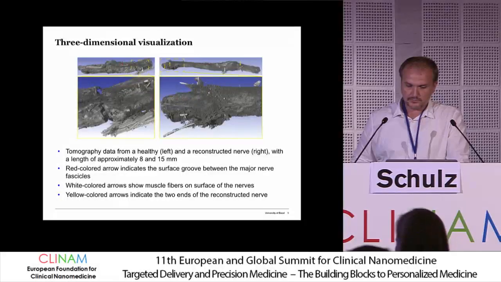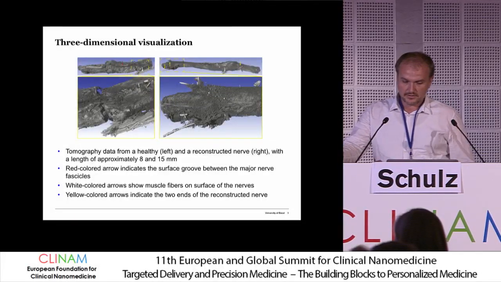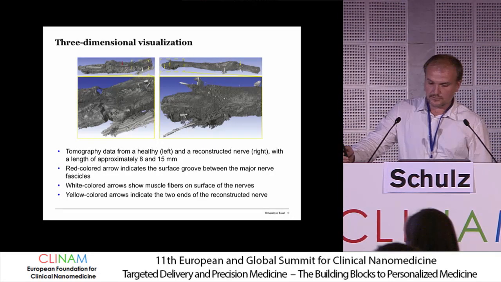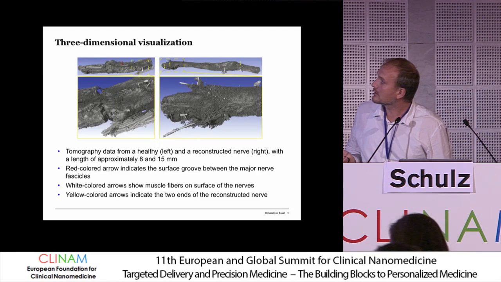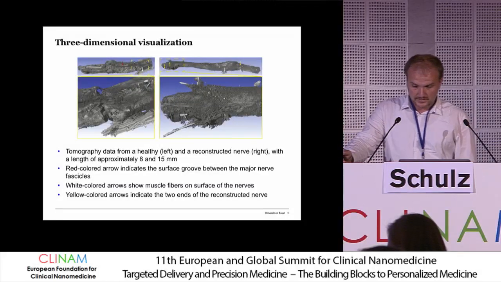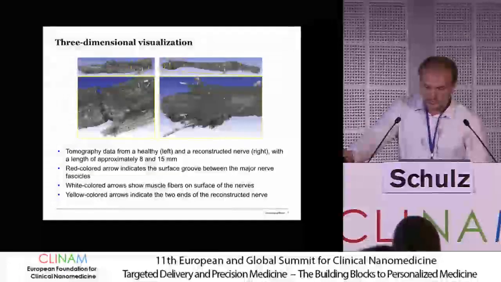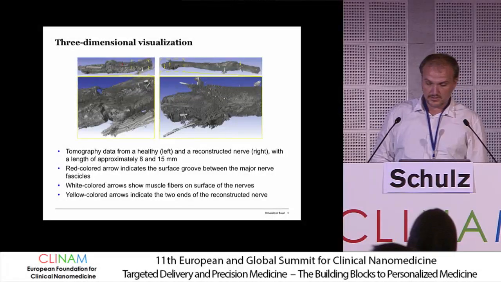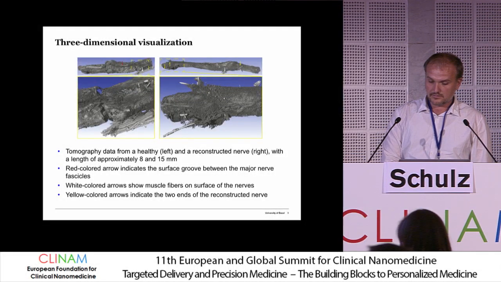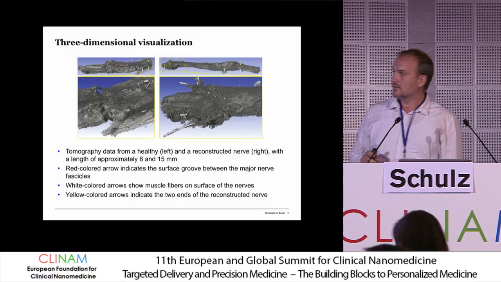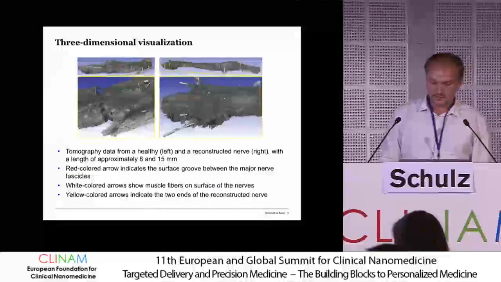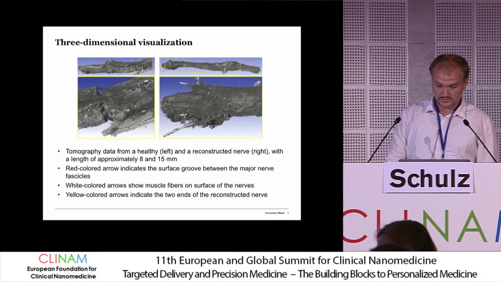What one can see is that more muscle fibers are seen on the nerve surface, the white colors here. More muscle fibers are seen in the healthy nerve compared to the regenerated nerve, and one can calculate the mean diameters of the muscle fibers, which are around 50 micrometers.